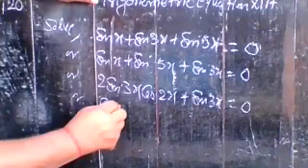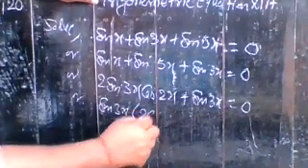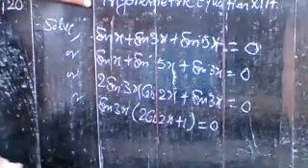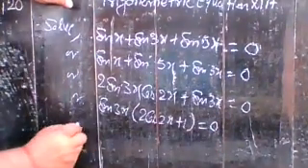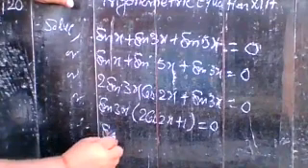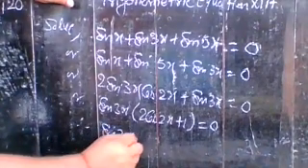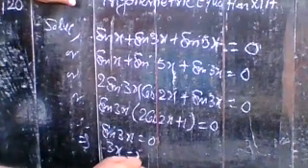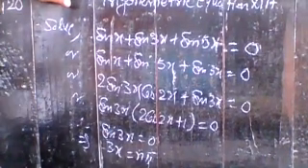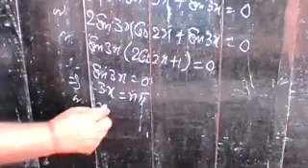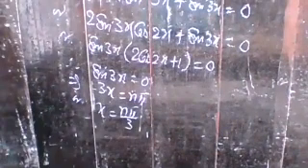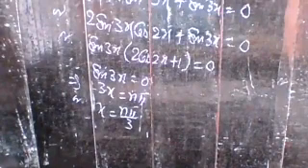Now sin 3x is common, so you have sin 3x times (2 cos 2x plus 1) is equal to 0. So sin 3x is equal to 0 implies 3x is equal to n pi, or x is equal to n pi by 3.